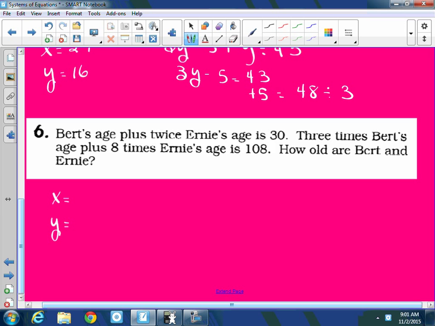Okay, so which one is X? Birth. And which one is Y? Earning. Alright, so birth's age plus twice earnings's age is 30.